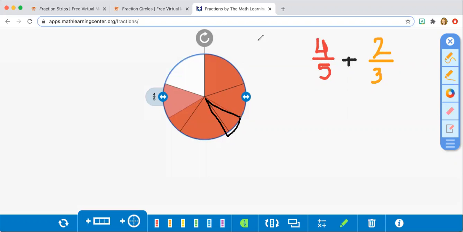But check this out. What is this little sliver right here? How big is that space? How much space is that? And what I also want you to see is, this right here is my 1/5. So if I do this and then this, those all look the same. That's the same amount of space.